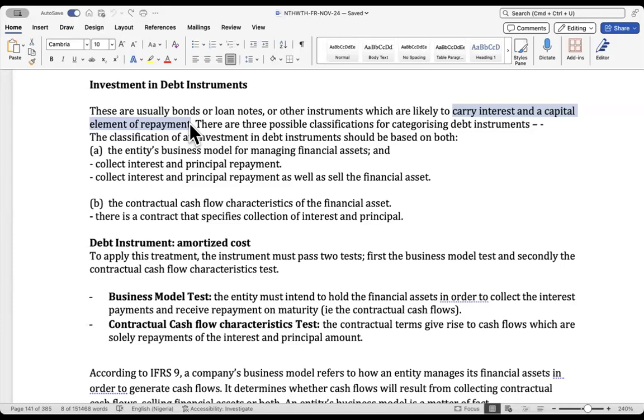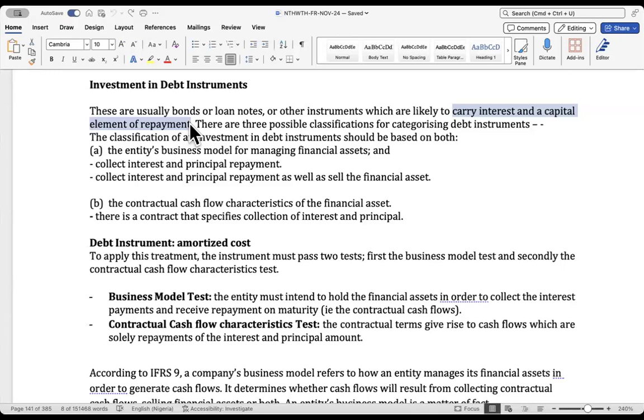I've already mentioned that all financial assets are initially measured at transaction price, which is the amount you invested or the amount you lend someone. That one is established. In addition to that, when you lend money to someone, you would also need to classify that financial asset too, just like we did for equity.